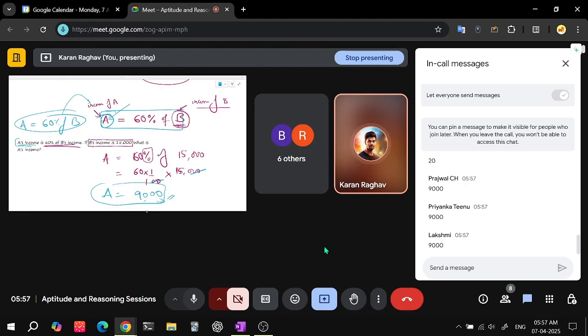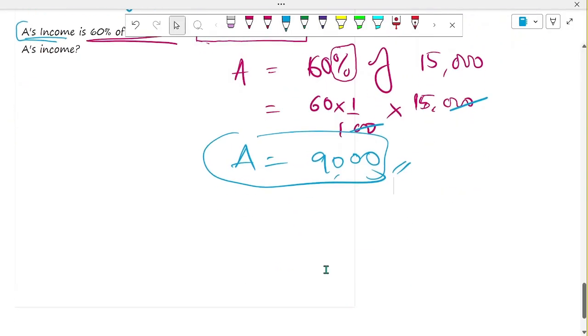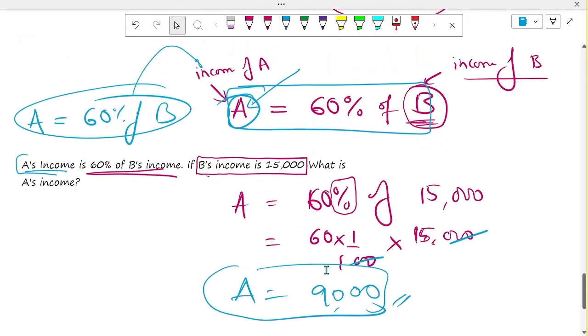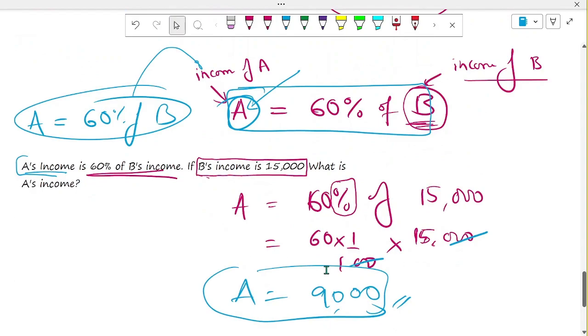Anybody any doubts in these questions? They are simple, but you need a bit of practice. Whenever you read a question, you should try to identify what they are trying to ask you. That is important. Okay? And I think that's all for today.